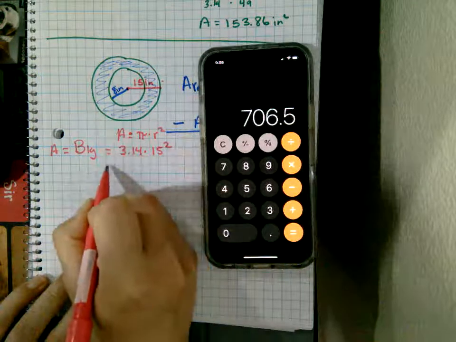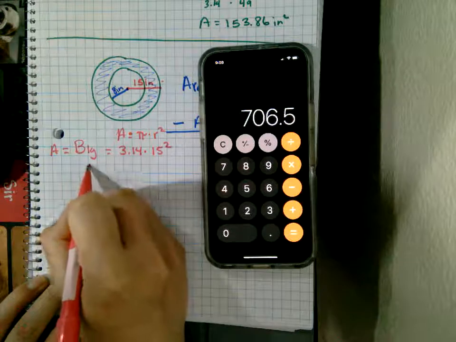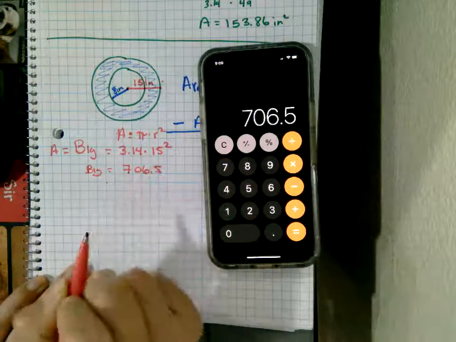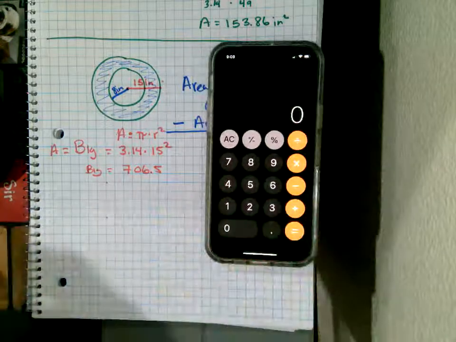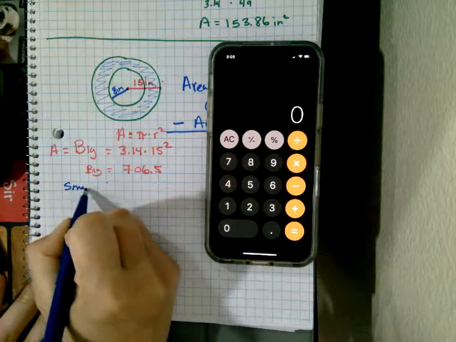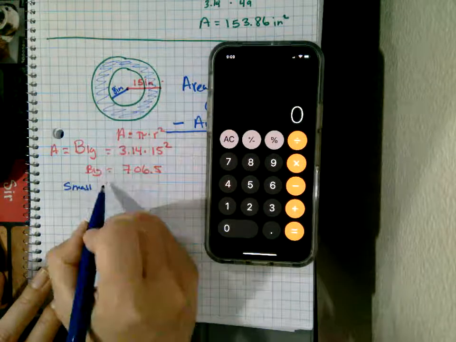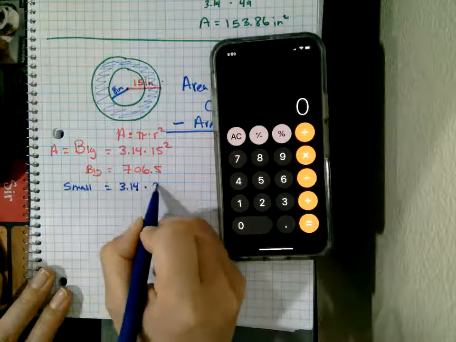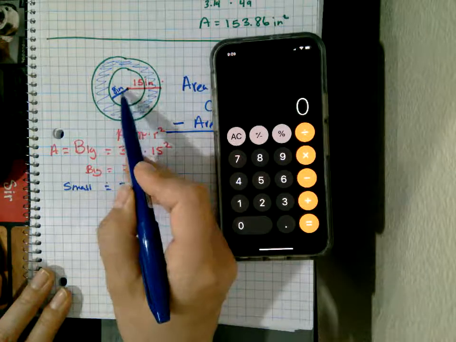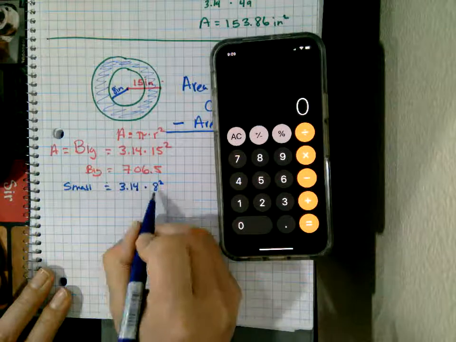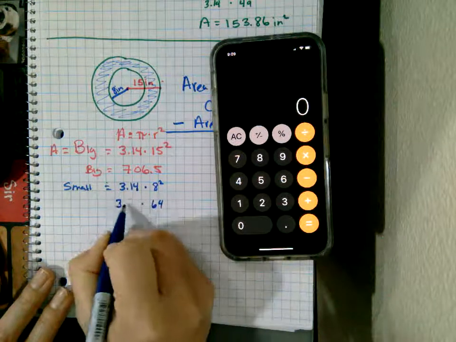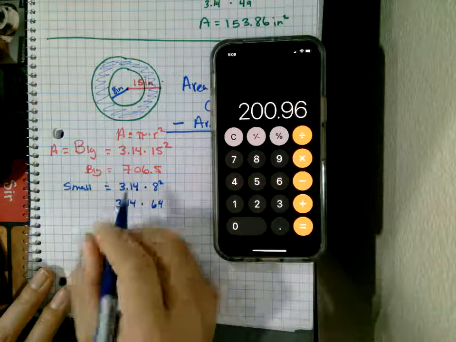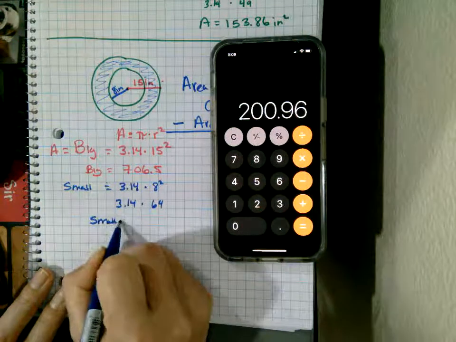The area of the big circle is equal to 706.5, right? Now the area of the small circle, which is the inner part, is 3.14 times 8 squared, because the radius is right here, 8 squared. So that would be 64 times 3.14.